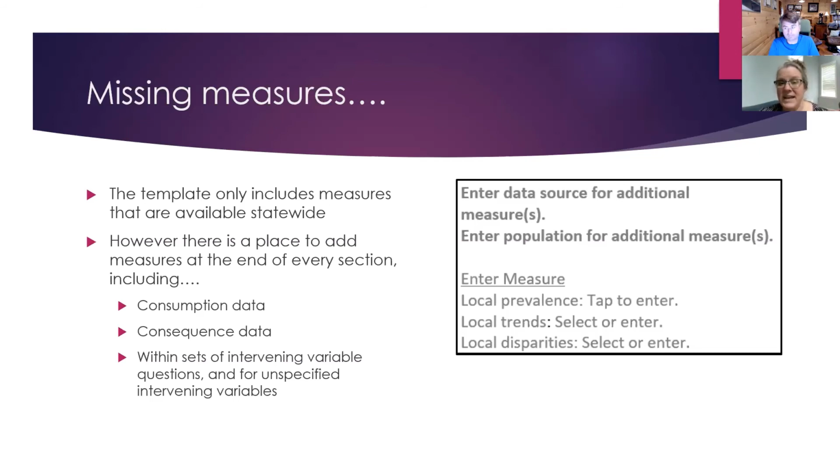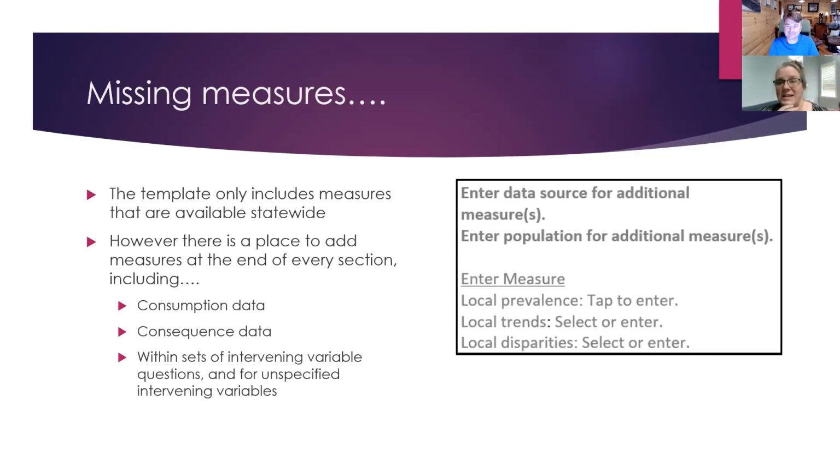And so what you'll see at the end of every single section is something similar to the box on the right, where it says enter your data source for additional measures, enter the population. So for example, for the data source, you would say Chatham County Pride Survey 2017. And for the population, you would say middle and high school students, for example. And so you can write those in, and then you would next include exactly what the measure was.